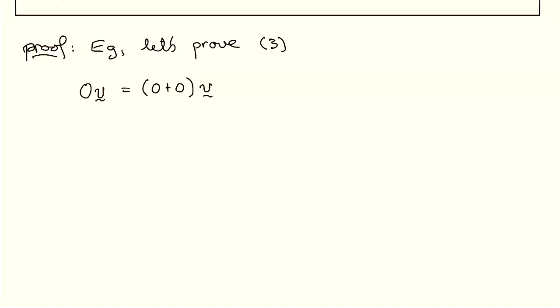That's something about just 0. And then I'll use distributivity in the vector space. And then it's already looking pretty good, because what you want to do is cancel away a 0v from both sides.